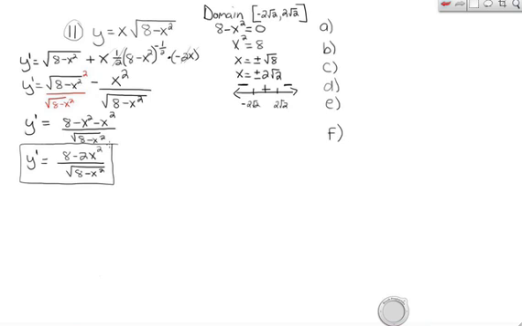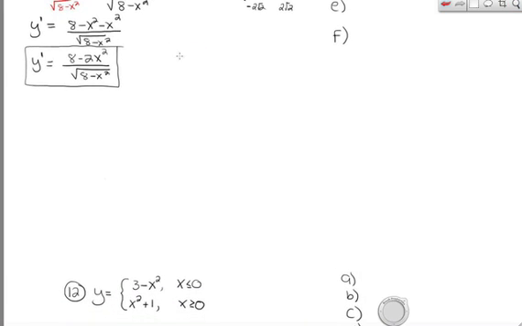And, as sad as I am to say it, it looks like we now need to find my second derivative. So, we're going to take the derivative of this with the quotient rule.